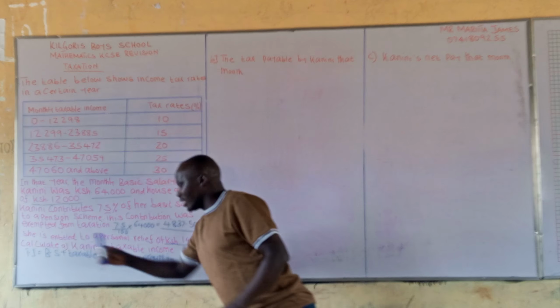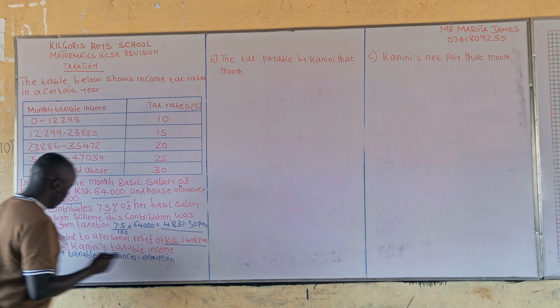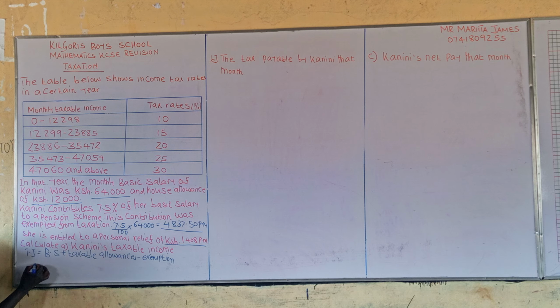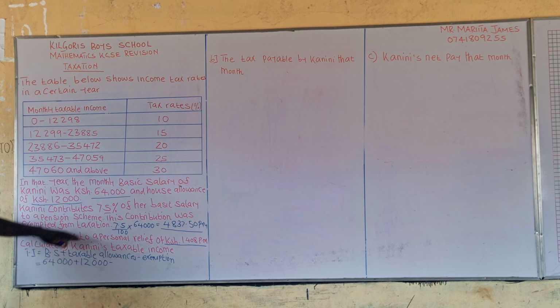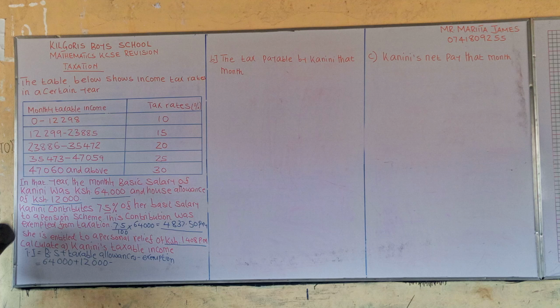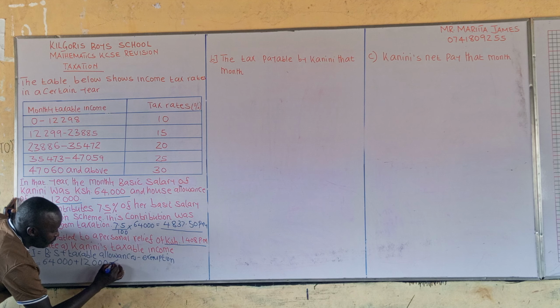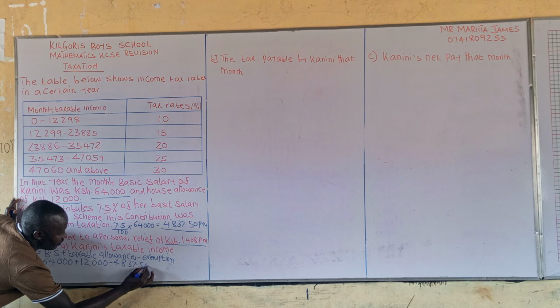So we have the basic salary of Kenya shillings 64,000, plus one taxable allowance, the house allowance of 20,000, and then you subtract an exemption. The exemption here, 7.5% of 64,000, is equivalent to 4,837 and 50 cents.